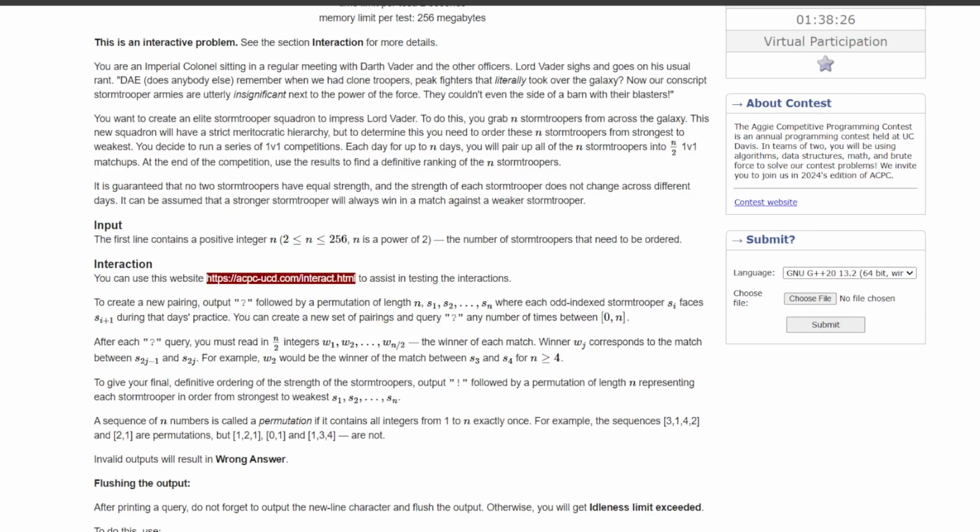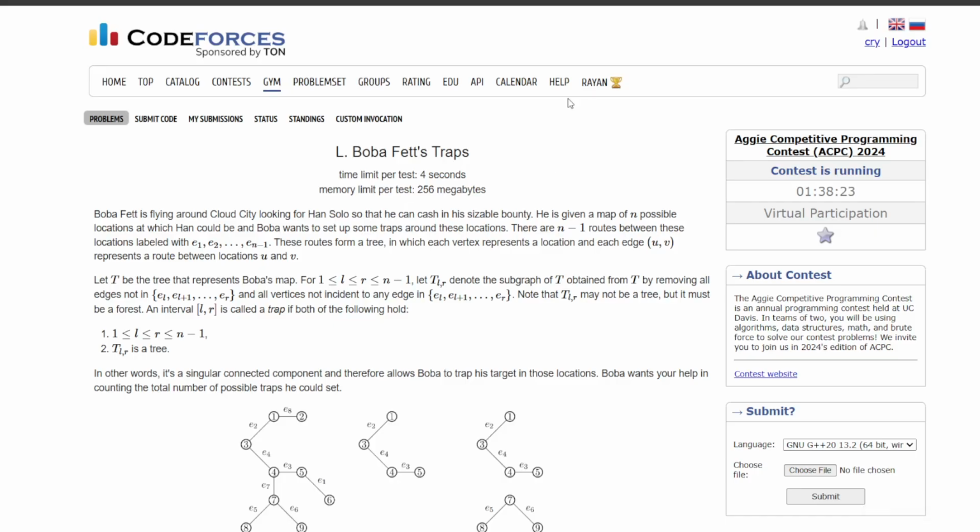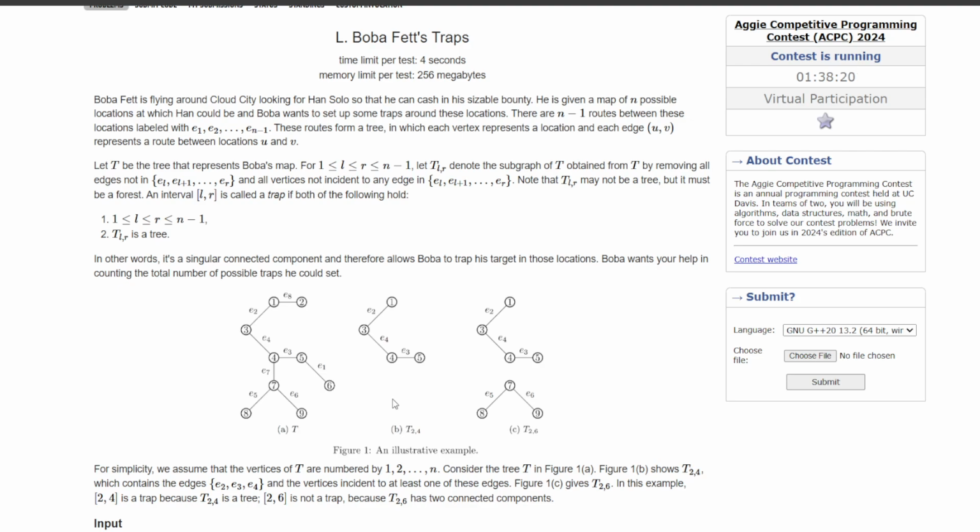Oh, I see. Wait. Huh. Why is this wrong though?